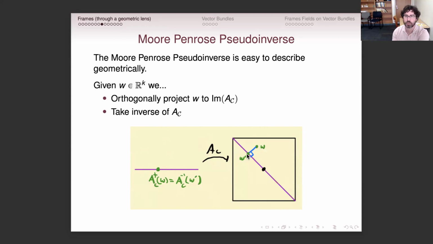And on the image, the analysis operator is injective, so it makes perfect sense to invert it. If I invert it on W prime, I get the vector that I started with back. This immediately tells you that if you're restricting to the image, the Moore-Penrose pseudo-inverse actually is an inverse. So this is a very nice geometric way of seeing what vector reconstruction looks like in this context.